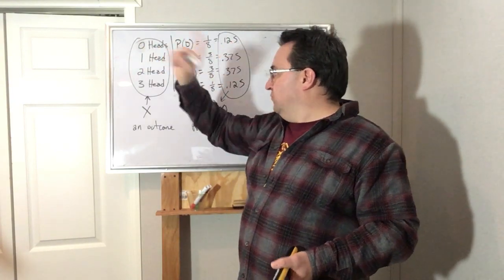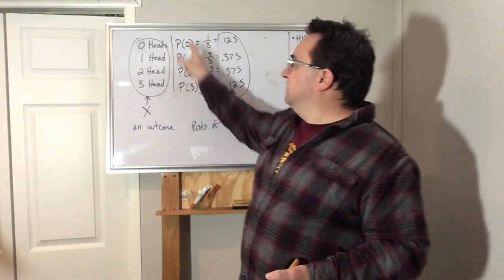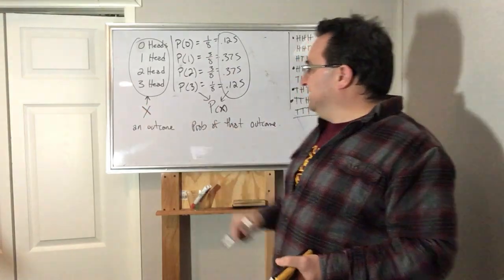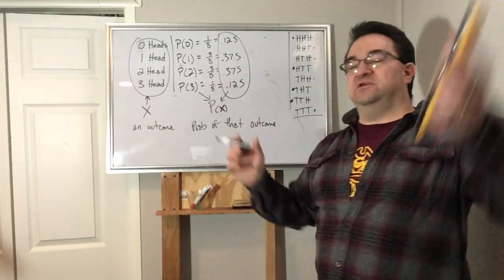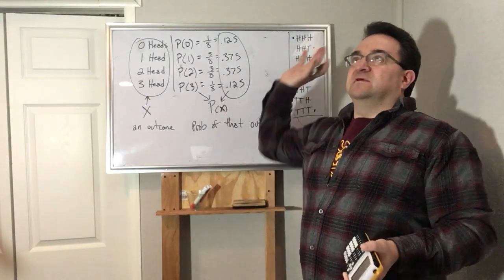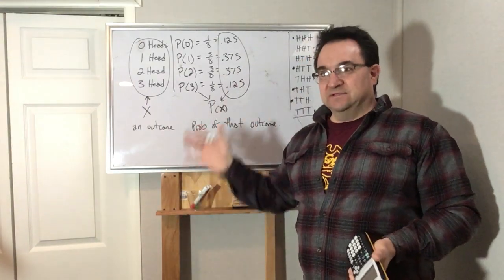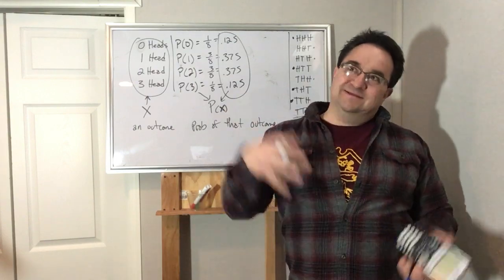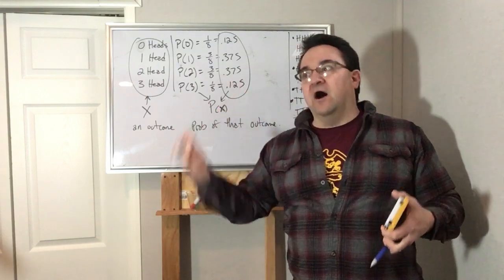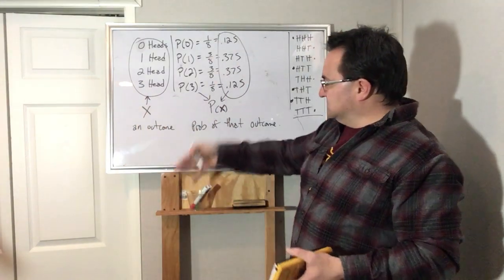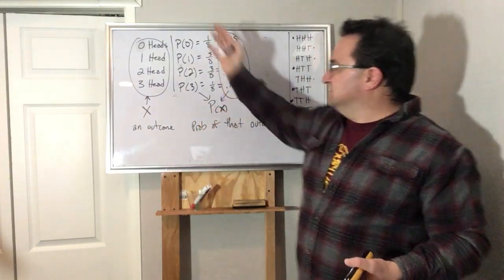If this is the outcome, one head, this is the probability of that outcome, probability of one head. So this is X, this is P of X. What you got to take away from that, more than memorizing, is X's are the things that can happen, and it's got to be a number, and the P of X is the probability of each one of those things. So it's not just one X and one P of X, it's a whole bunch of them.